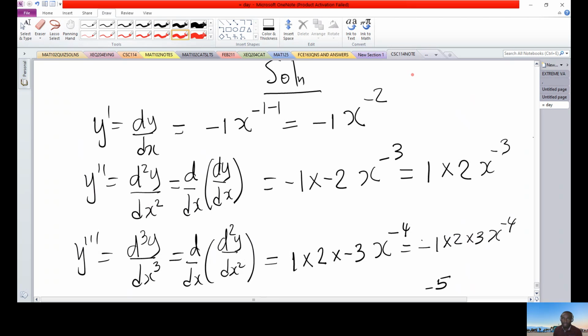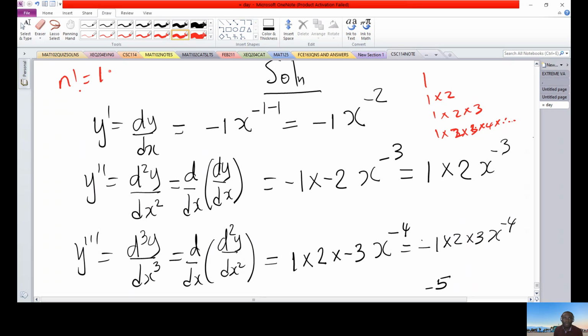Remember, 1 times 2, 1 times 2 times 3, 1 times 2 times 3 times 4. So this is the definition of a factorial.